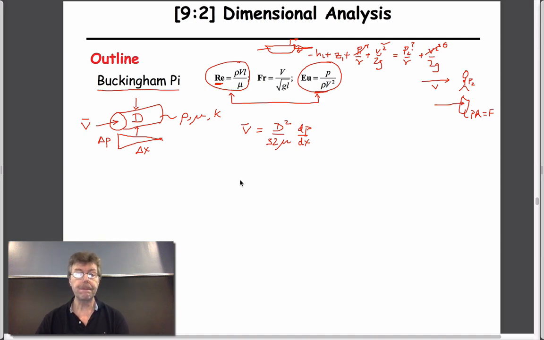And so that's an expression that we have. So we don't actually need to do this Buckingham pi relationship in this case, because we could manipulate this.